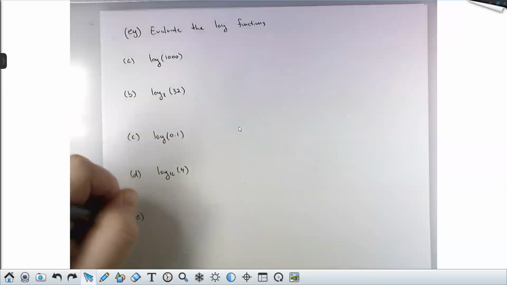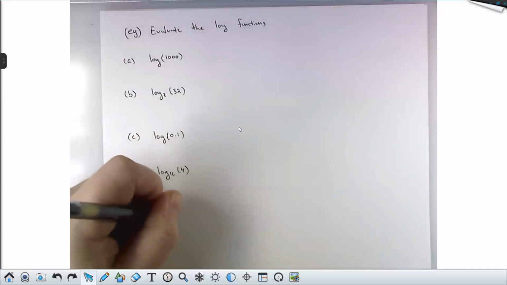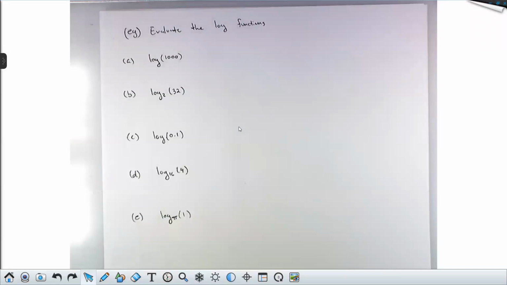And let's see, what else would be fun? How about the base pi log of 1? Each one of these things is a number. For example, the base 10 log of 1,000 is the number to which you must raise 10 in order to get 1,000 out. So these are all just outputs from different logarithm functions.